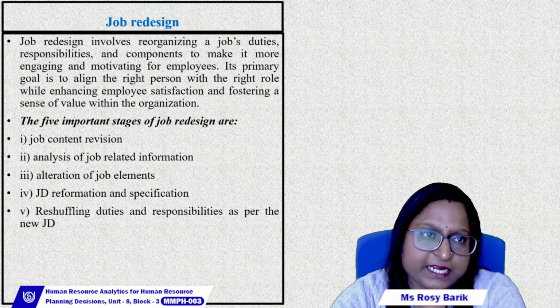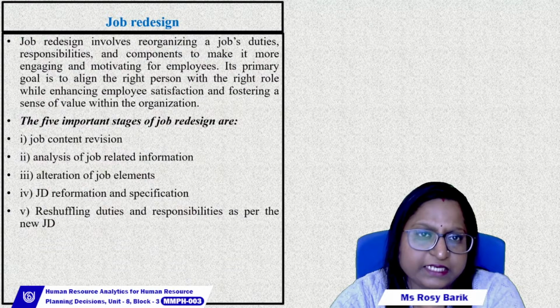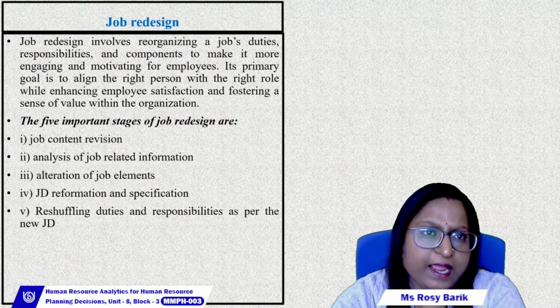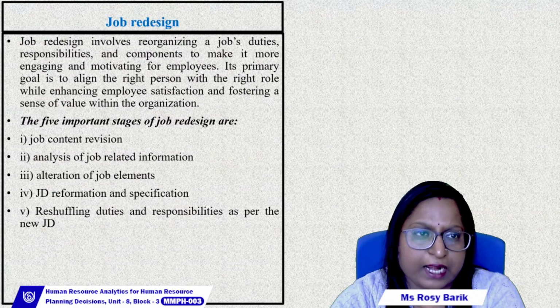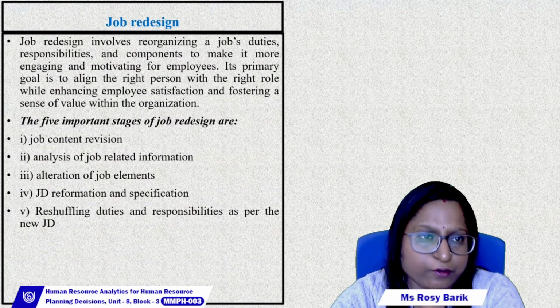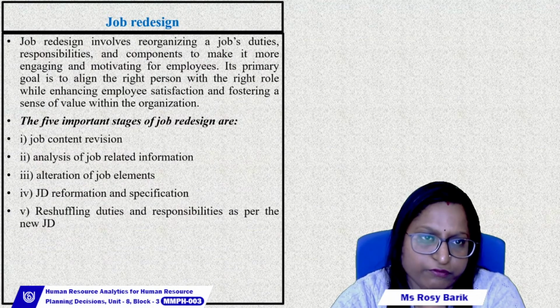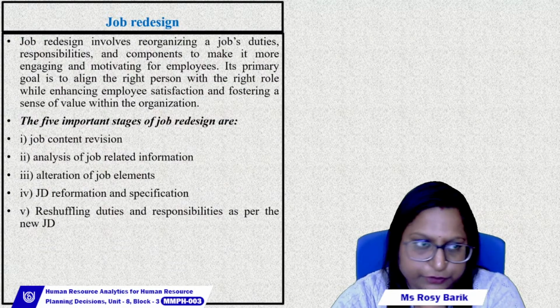So, job redesign involves reorganizing the job's duties, responsibilities, and components to make it more engaging and motivating for the employees. Its primary goal is to align the right person with the right role while enhancing employee satisfaction and fostering a sense of value within the organization.